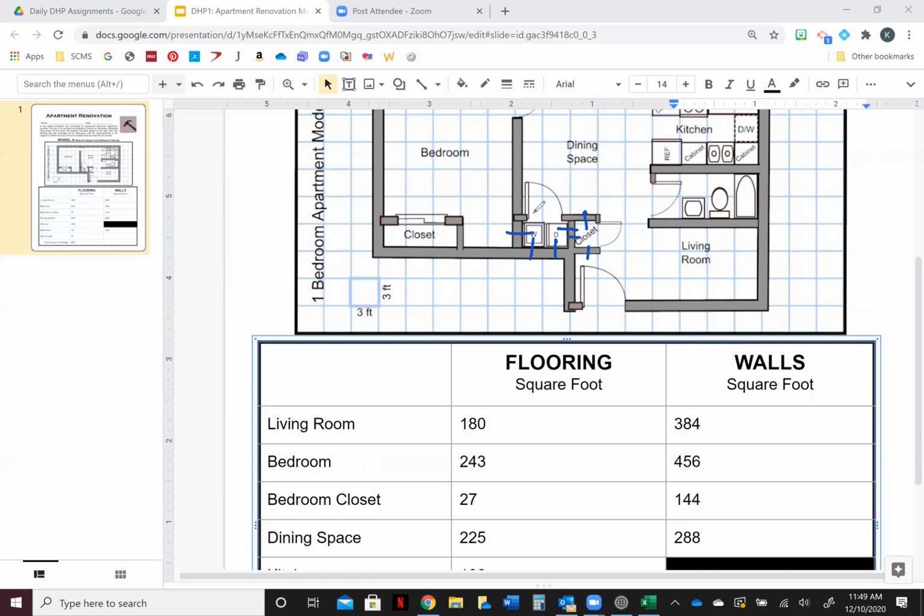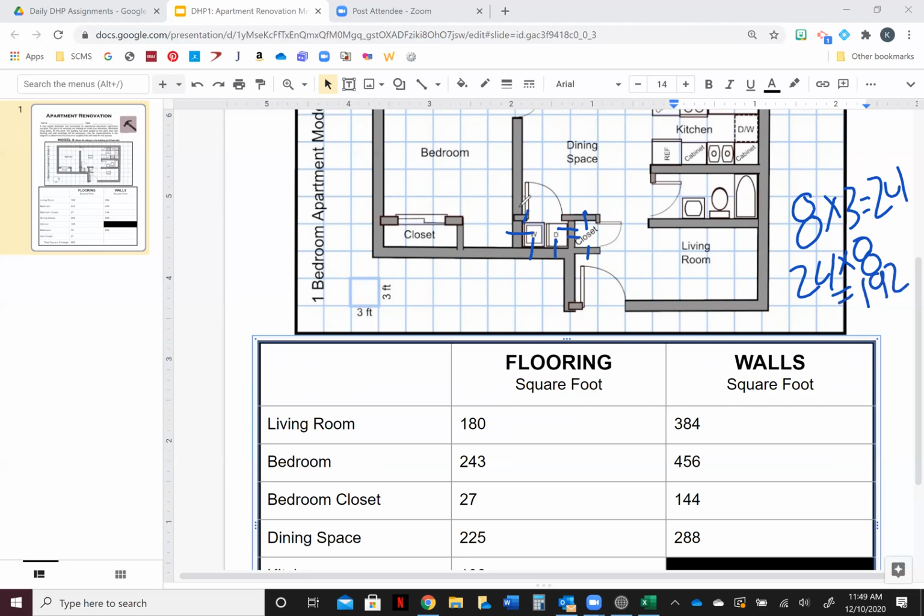Yeah, just one total. So 7 is how many we had. Yep, 7, and then we'll say 8. So we would have to do 8 times 3, which would give us 24 times 8, and that would give us 192.